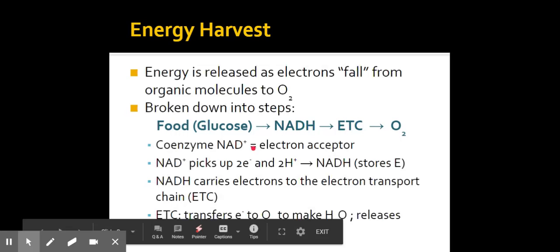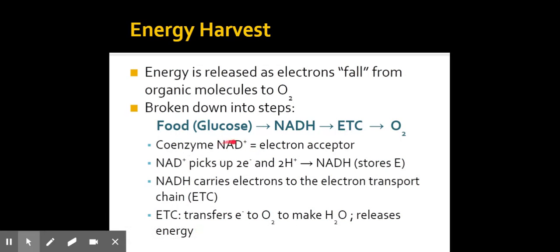They'll be passed first to an electron carrier or a coenzyme, which is known as NAD plus, sorry, I think I said NADA. NAD plus is nicotinamide adenine dinucleotide, a crazy name, which I'll talk about in a little bit. But basically, that's going to function as an oxidizing agent during cell respiration.